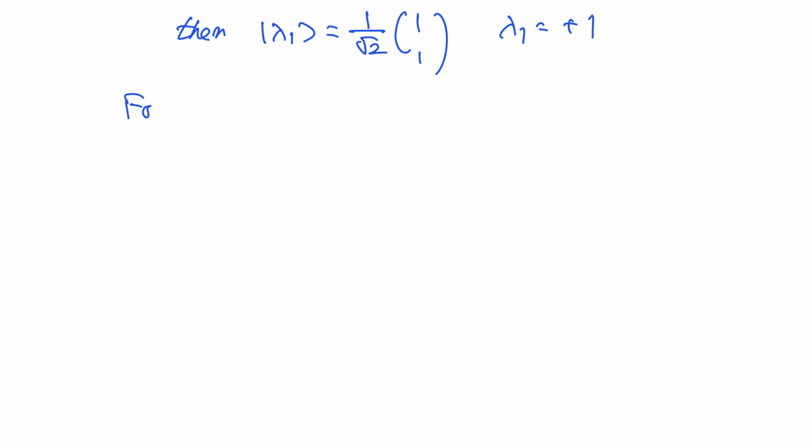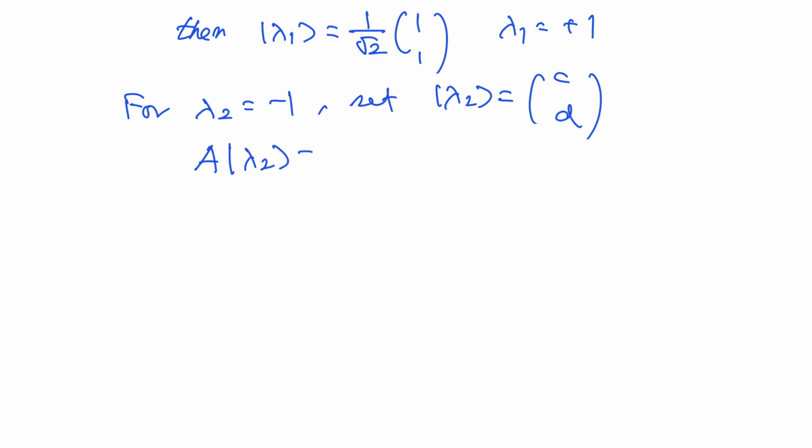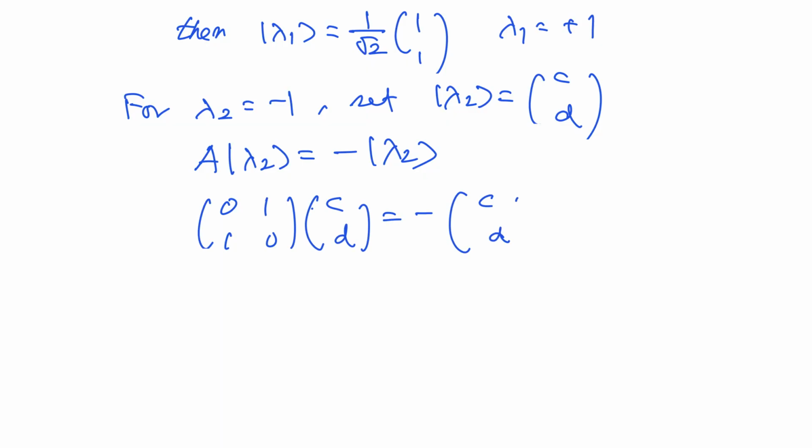For λ2 equal to minus 1, let's say we can set |λ2⟩ as (c, d). Then A|λ2⟩ is minus |λ2⟩, right? Because we found that λ2 is minus 1. So [[0,1],[1,0]](c, d) is minus (c, d). So what do we have? d is equal to minus c, right?